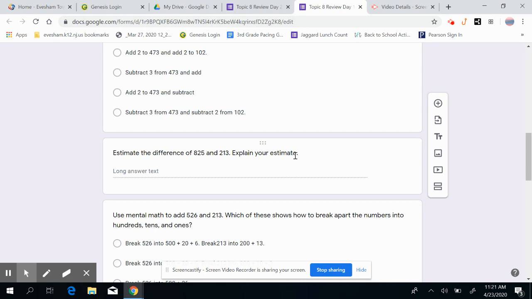Well, I would type in, I rounded 825 to 830 and 213 to 210. Then I subtracted and got my answer of 620. That would be explaining your estimate. So be careful. It doesn't want you to just subtract. They want you to estimate first. When you see that word estimate, make sure you estimate first.